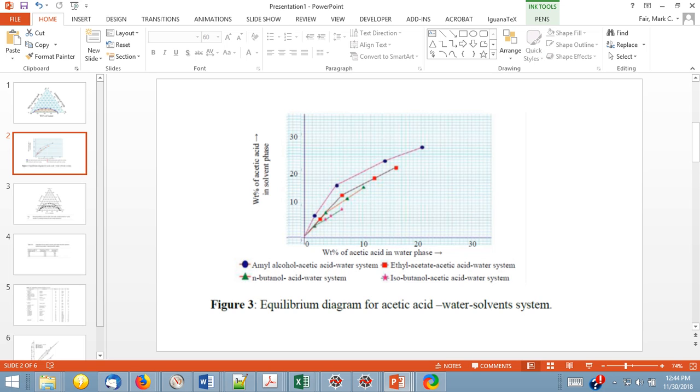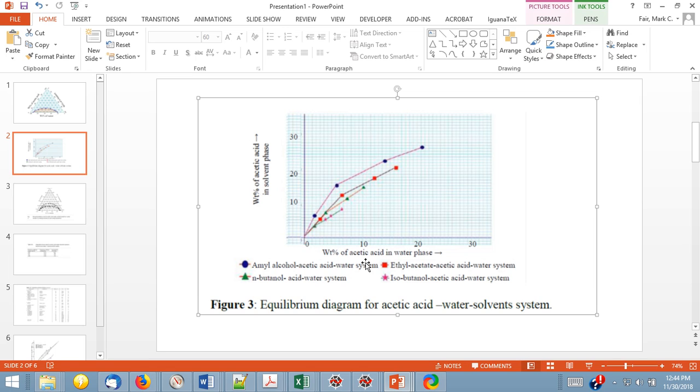They've plotted that against weight percent acetic acid in the water phase. Just as a rough eyeball, the slope changes a little bit, it's concentration dependent, but if we just eyeball this, you come up to here and come across into here, and this shows a distribution coefficient that's less than 1.6 for sure.